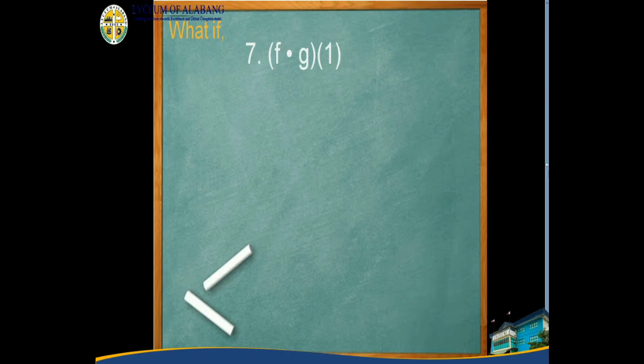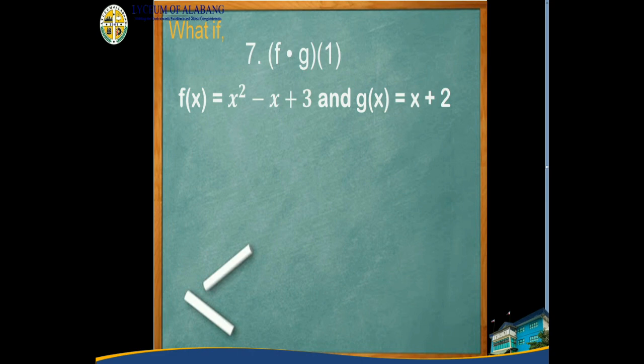Number 7. Evaluate the function f times g of 1, where f of x is equal to x squared minus x plus 3 and g of x is equal to x plus 2.